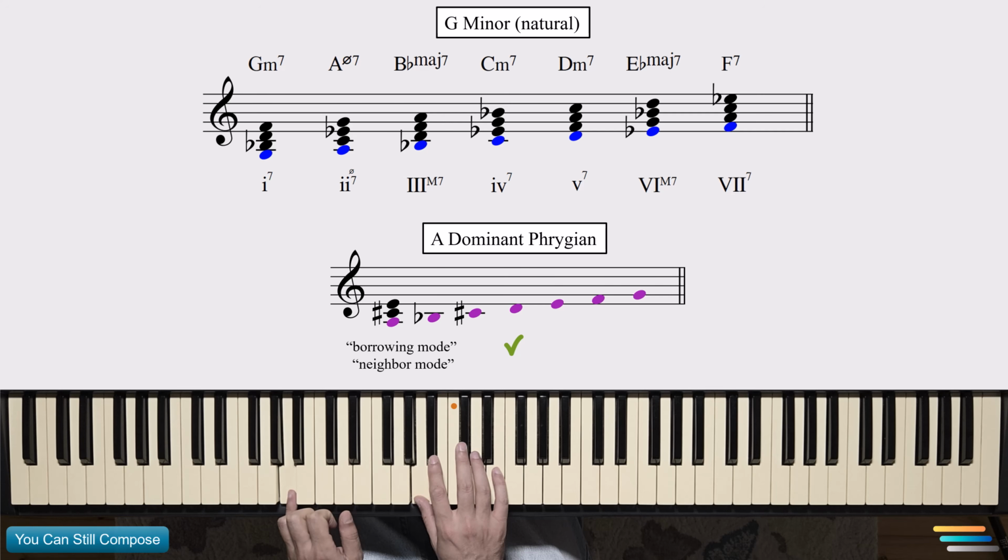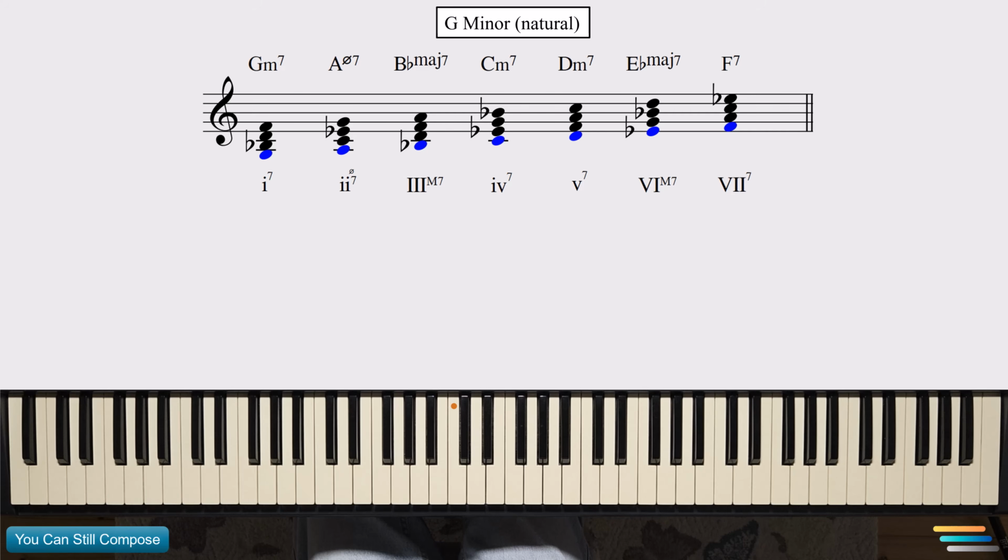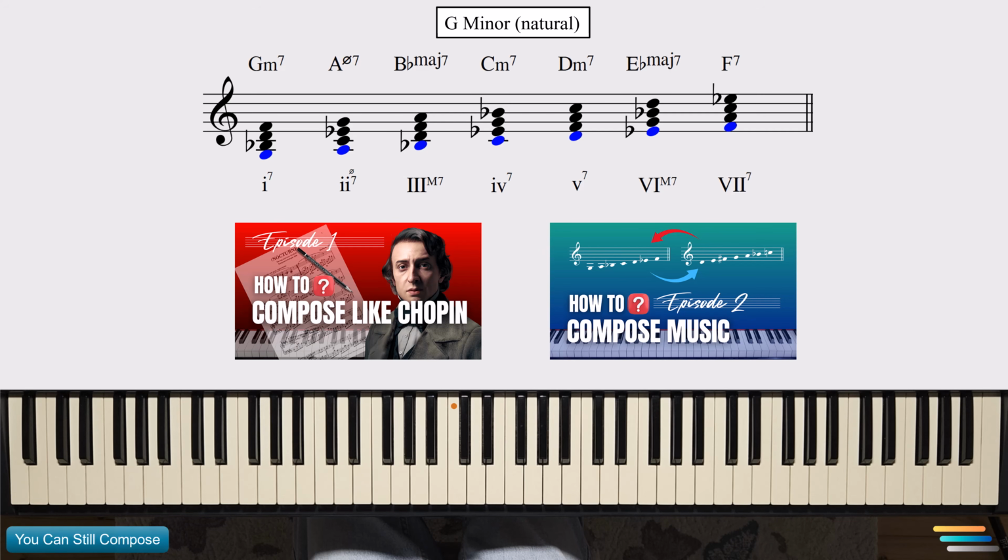I know another question immediately appears: why A dominant Phrygian and not simply A major scale? The answer to that question is explained in the following lectures.